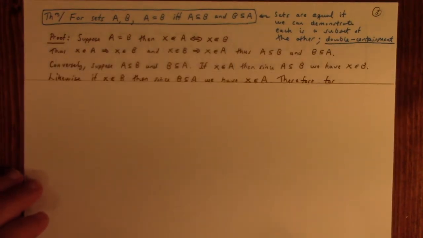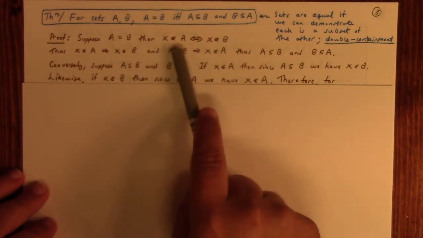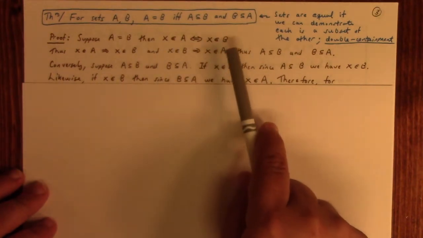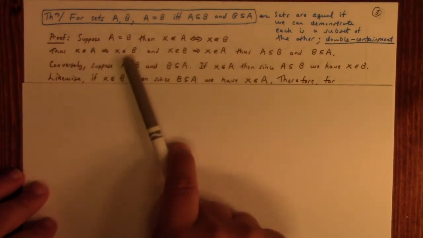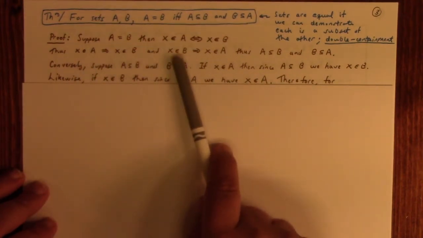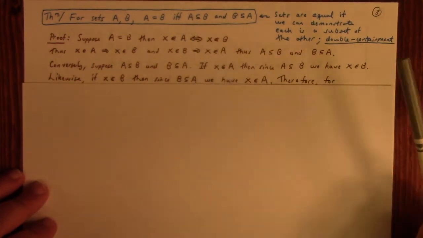Here it is. So suppose A and B are equal, then x is an element of A if and only if x is an element of B. So x is an element of A implies x is an element of B, and x is an element of B implies x is an element of A, because it goes both ways here, right?